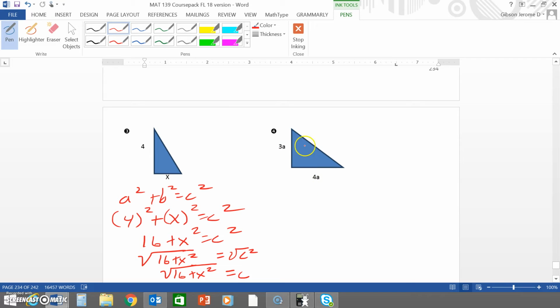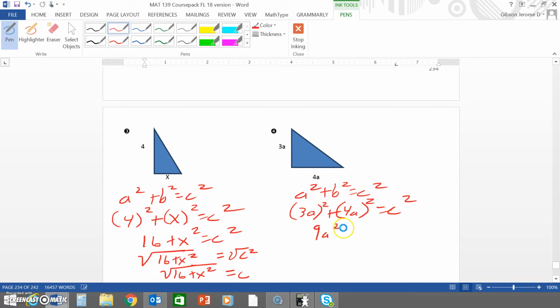Now we come here. You notice we have both legs, but we don't have the hypotenuse. So we would still use the Pythagorean theorem. A is 3a, and that would be squared. B would be 4a, and that would be squared, is equal to c squared.